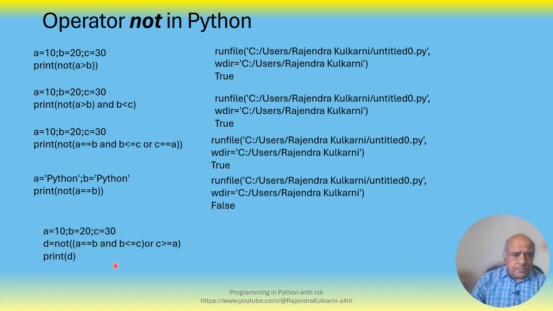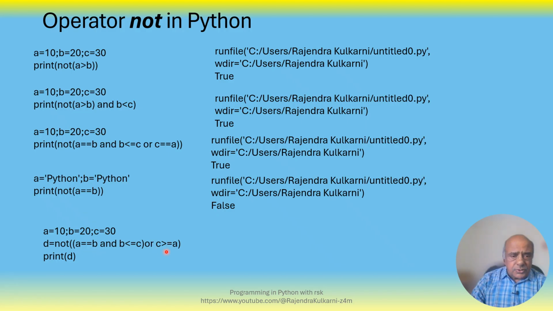Another example, A is 10, B is 20, C is 30. Not of A equal to B, A equal to B is false, and B less than or equal to C, which is true, but false ANDed with true will be false, and C greater than A will be true, so it will be not of false or true.